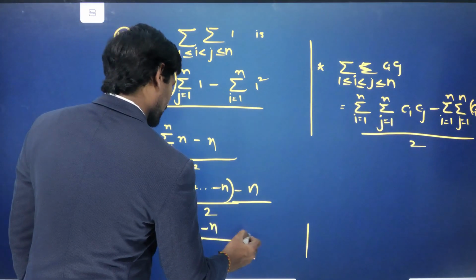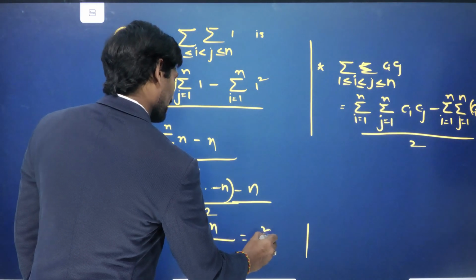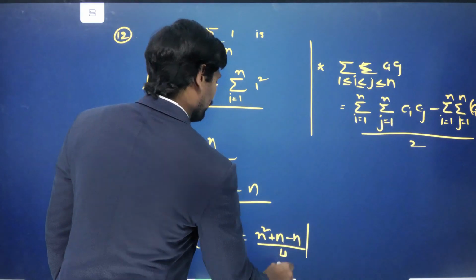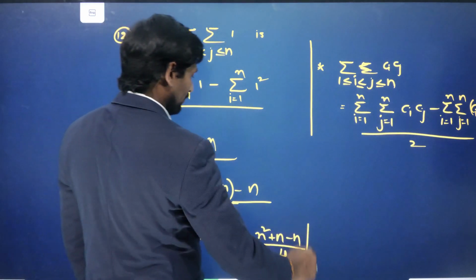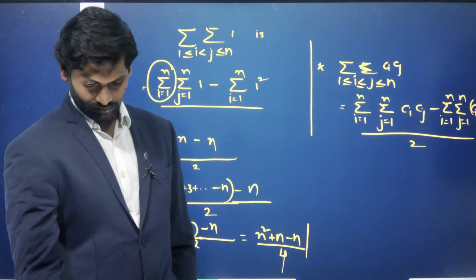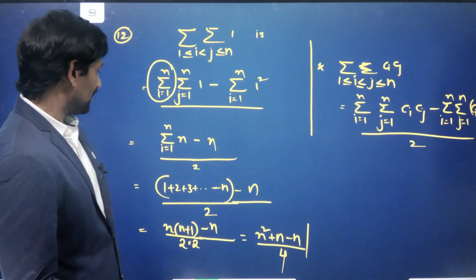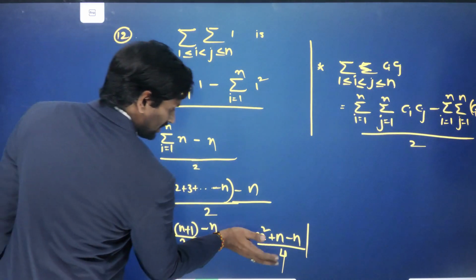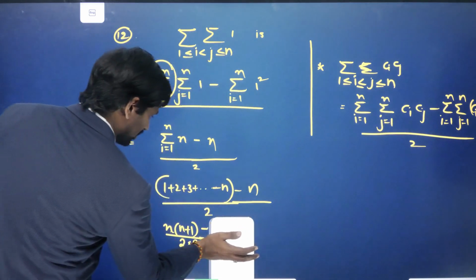Try to simplify here. N into (n square plus n minus n) by 4. So plus n minus n can be cancelled. We can write n square by 4. But while writing this, the divided by 2 is not completely applied for this one. So here there is a small mistake in the calculation.